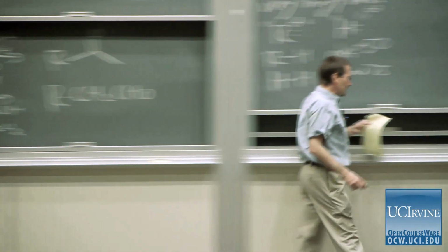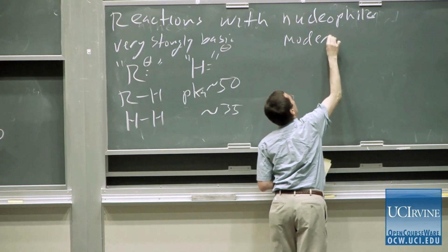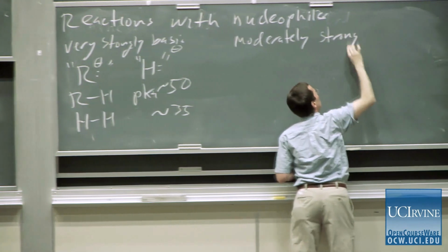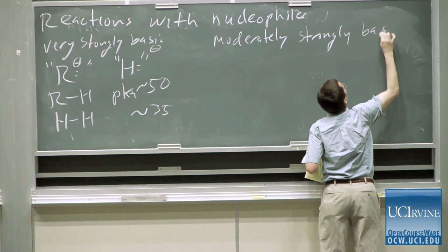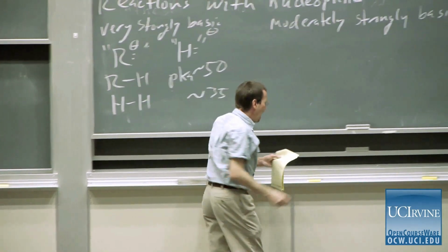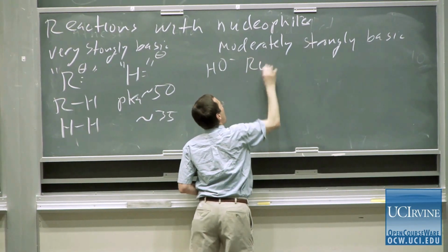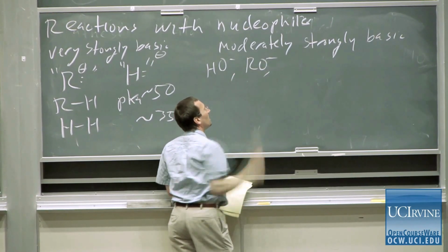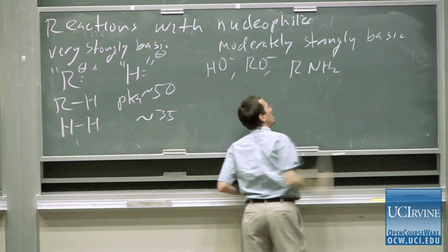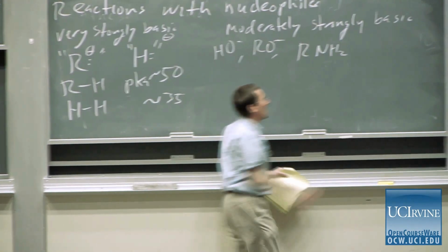Then, by comparison, I might think of, let's say, from very strongly basic to moderately strongly basic. And these are all loose categories. But for moderately strongly basic nucleophiles, I'll think of things like hydroxide anion and alkoxide anion, amines, RNH2 for a primary amine, and ditto a secondary amine, R2NH, and cyanide anion.